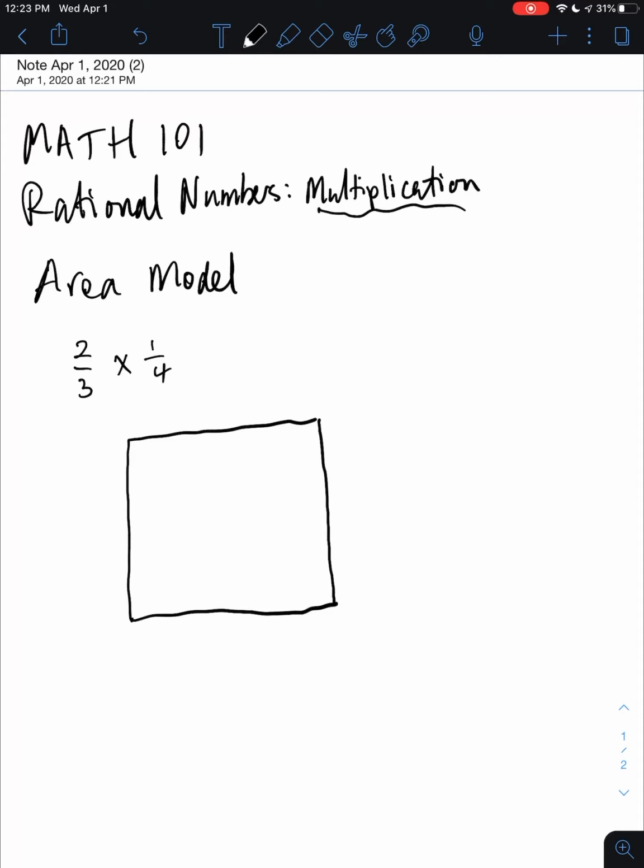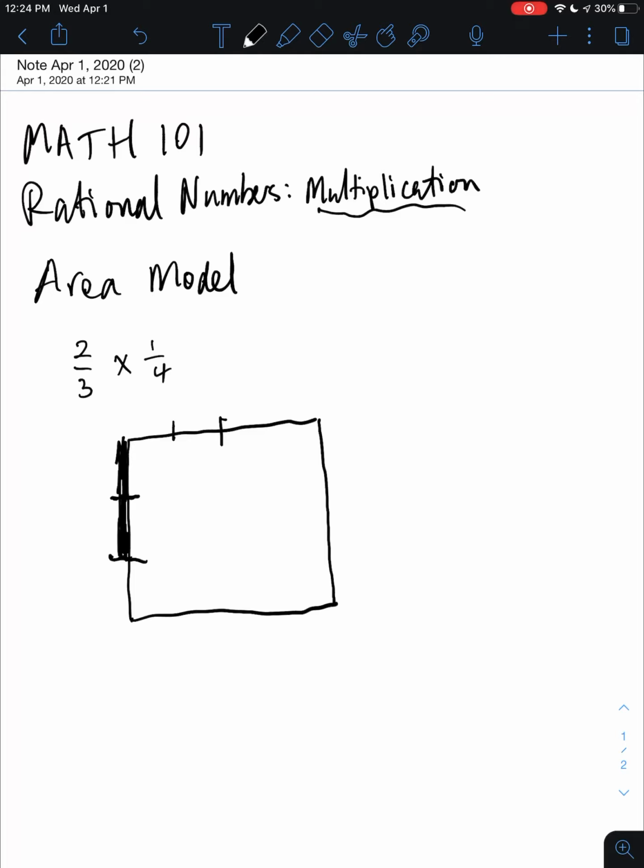To represent 2/3, I'm going to chop the left side of it into thirds, 3 equal pieces, and 2/3 is going to be this much. So there is 2/3. To do 1/4, I'm going to do the same thing.